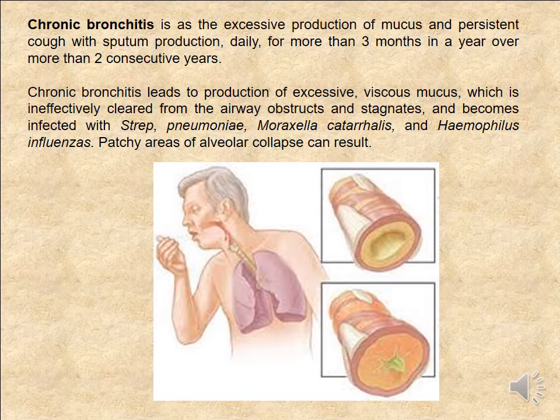Increased mucus secretion decreases the lumen of the trachea, which leads to cough and sputum production, and not every cough is called chronic bronchitis. There are certain criteria: 3 months in 1 year, for 2 continuous years. These are the criteria for chronic bronchitis.